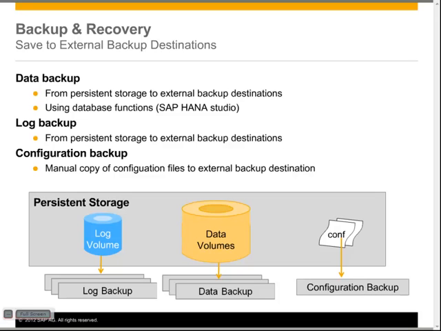The master name and index services create snapshots of their persistent storage, so that commits are allowed again. Then the master name server and index service write snapshots to backup destinations. You can use the HANA Studio to monitor the progress, and we also recommend a manual configuration backup. These are not big files, so they can easily be copied.